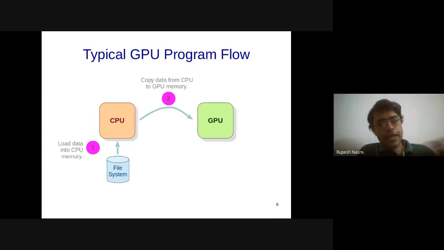Once I decide that, I need to copy this data to the GPU, which could be part of the data. I mean, some processing might happen on the CPU itself. So I copy whatever is required from CPU to GPU memory. On the GPU, I'm going to run some sort of an execution, right? That execution, or let's call it a function, right? That function that runs on the GPU is called a kernel.